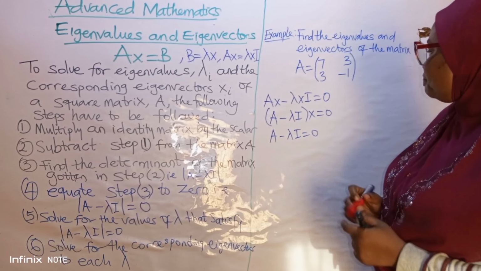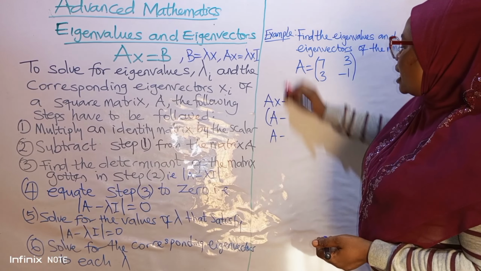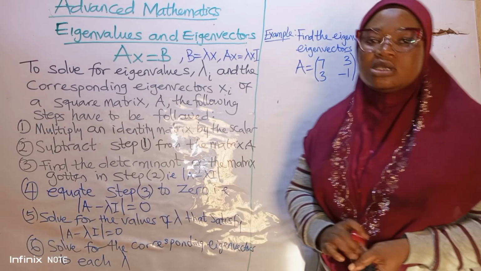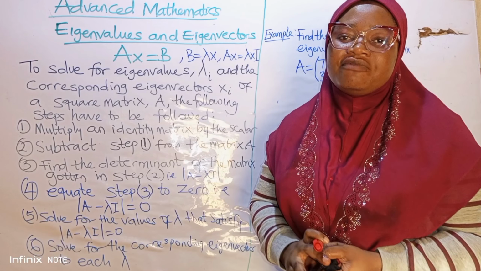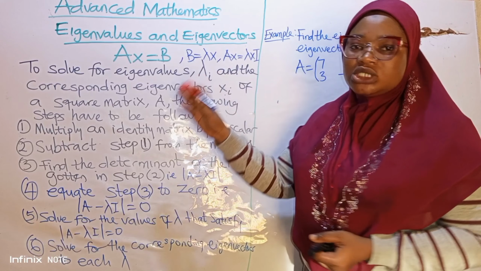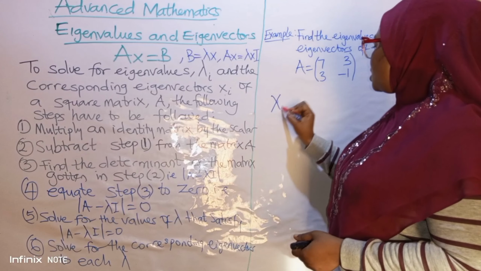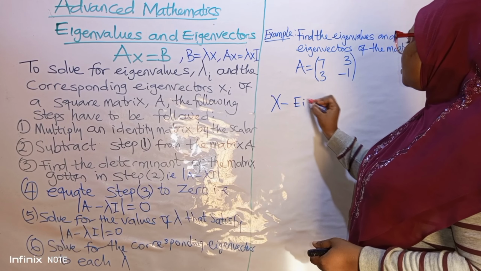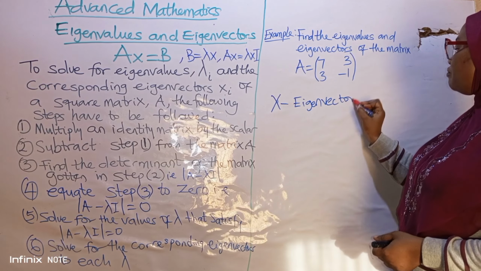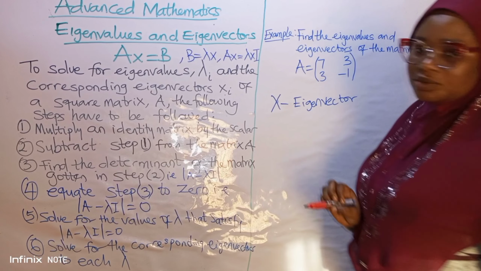So from here, if we are asked to find eigenvalues and eigenvectors of any square matrix, you are going to find the eigenvalue first. Which one is the eigenvalue here, and which one is the eigenvector? x is the eigenvector. I told you it is a special vector, so it is called the eigenvector.